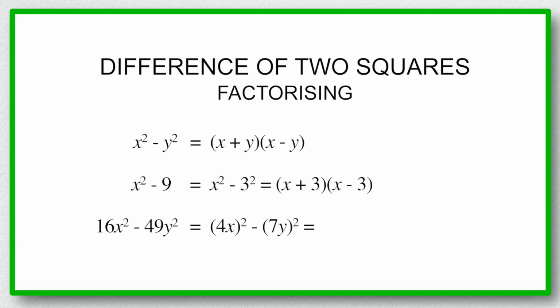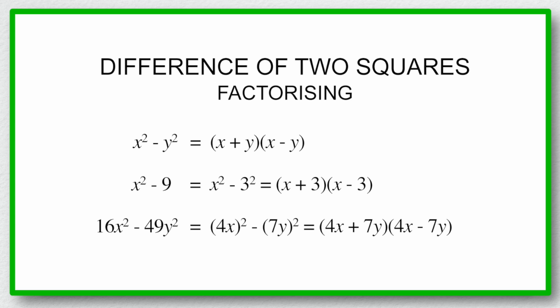We now have the difference of two squares. So we can write this in the form something add something, something subtract something. And those somethings are these two terms here, 4x and 7y. So in factorised form, this expression is (4x + 7y)(4x − 7y).